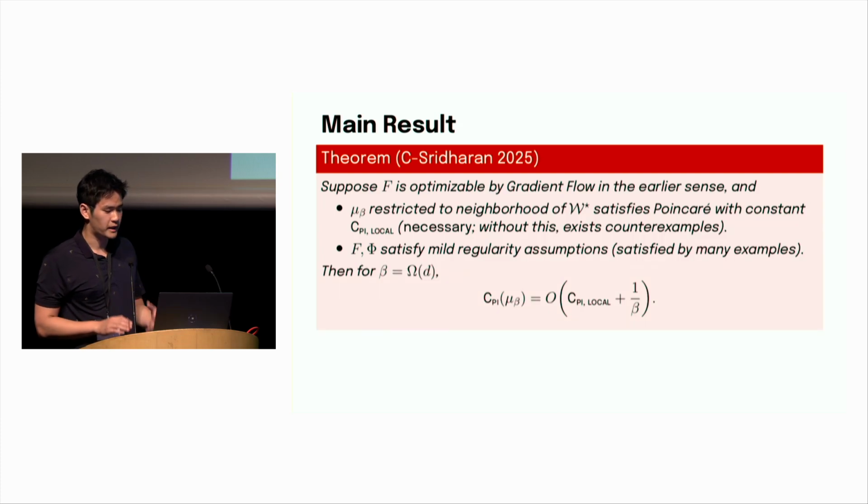Then we establish, for beta linear in the dimension, a temperature setting which we will show later is relevant for Bayesian inference, that the Poincare constant of mu beta is this local C_PI plus 1 over beta. So 1 over beta is what you pay to go to all of R^d. And this local constant is actually necessary. For example, consider when w star forms a dumbbell.